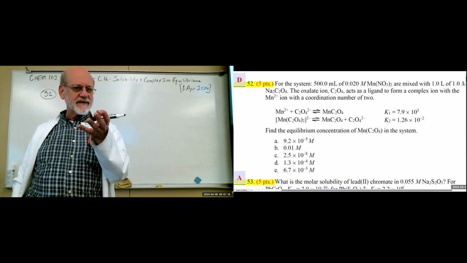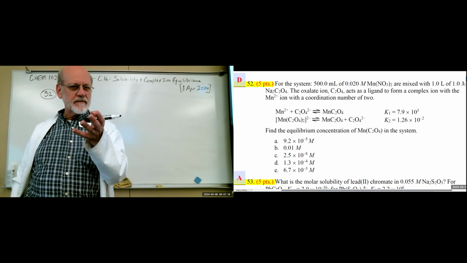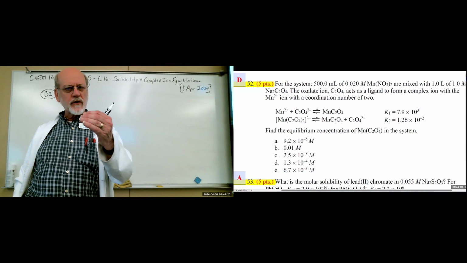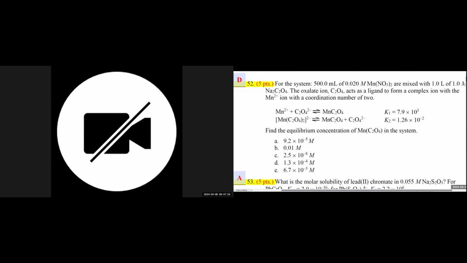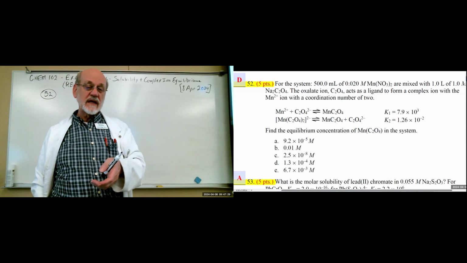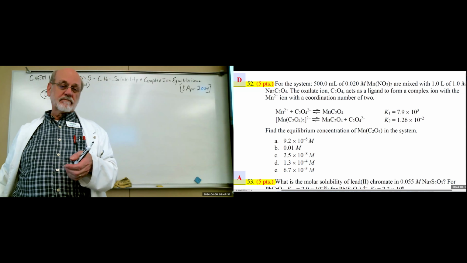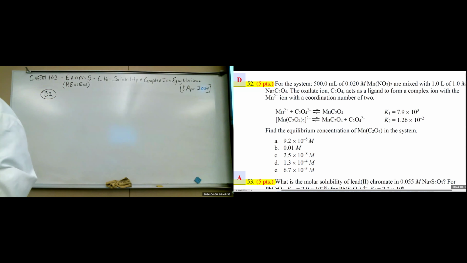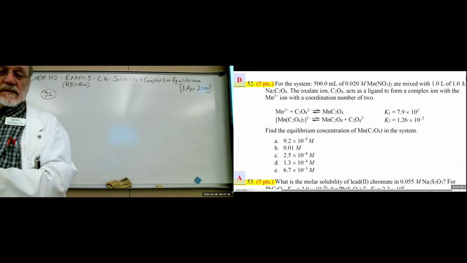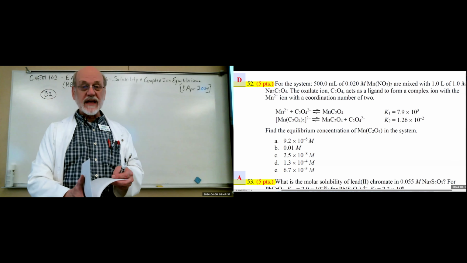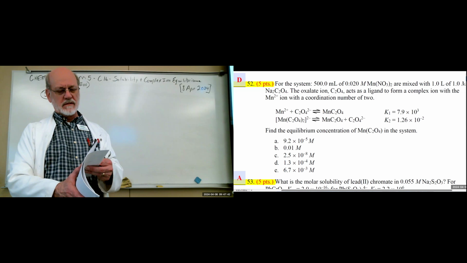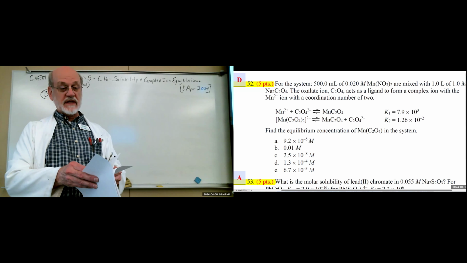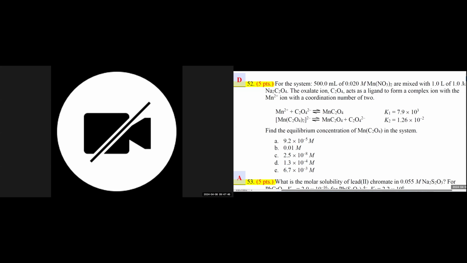If we take the first product, it is placed in the product position for the second one. It needs to be in the reactant side, I think, in order to get the correct K value. And when we flip an equation, what happens to the K? It's the inverse. You just invert it.